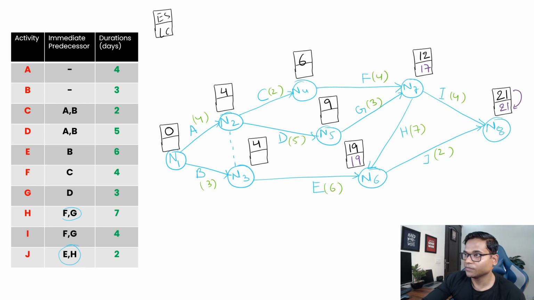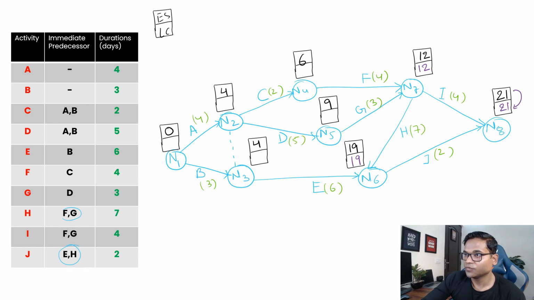From here we are getting 17, fine. But remember, two arrows are coming out here. So first 19 minus 7 is 12, coming from this path, and 17 is coming from the other path. So 12 is lower than 17, which means we need to take 12. 12 is the lowest because we are doing the reverse pass, right?